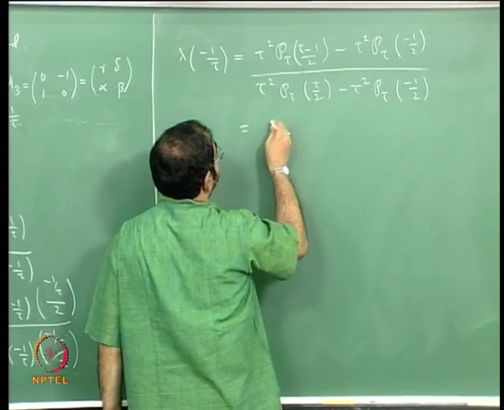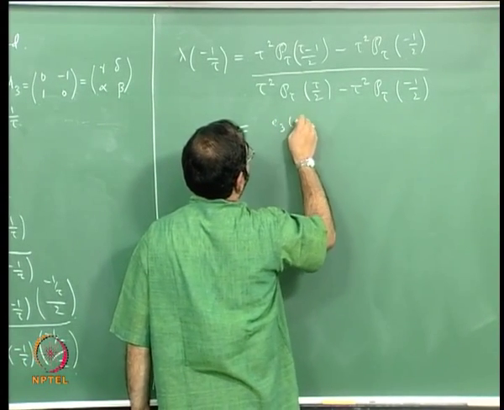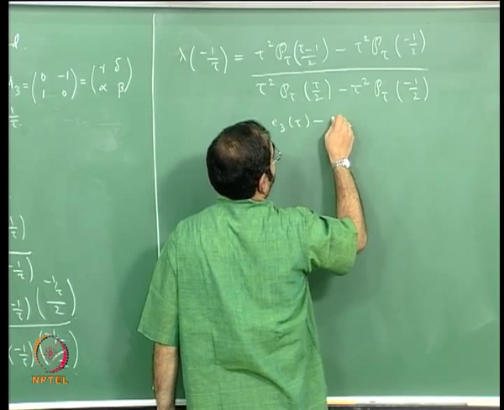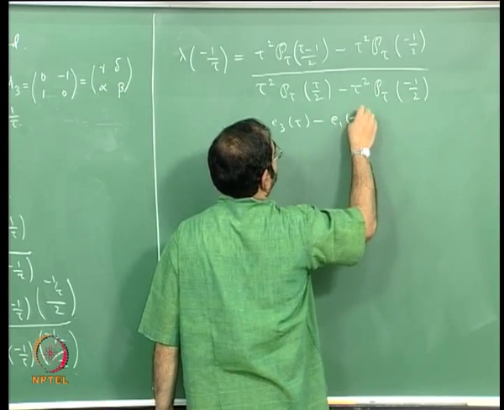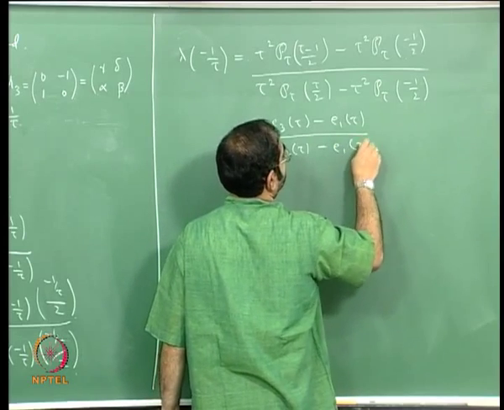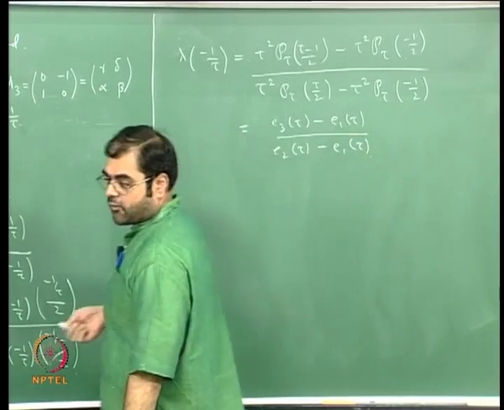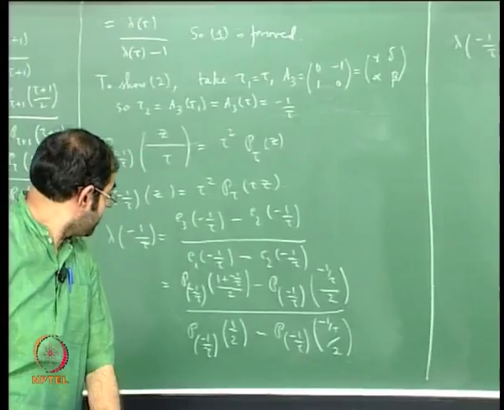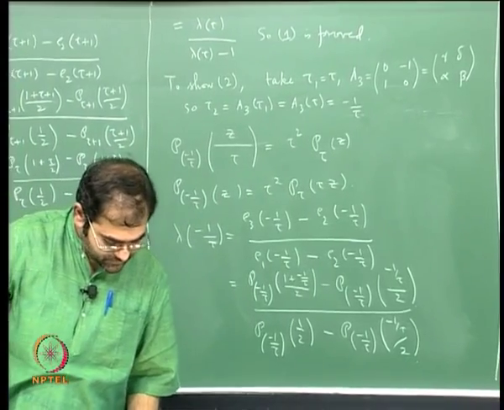So what you get is E3 of tau minus E1 of tau by E2 of tau minus E1 of tau, and this will turn out to be what you want.